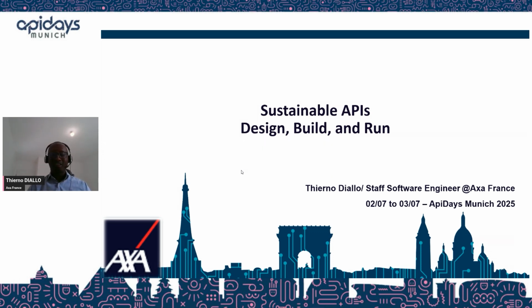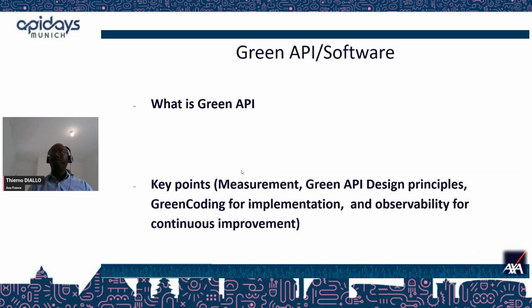So let's start. First of all, we are going to quickly define what Green API is about. It's a set of principles, patterns and best practices that help us to build and design very energy efficient APIs, resource efficient APIs, and environmentally compatible APIs.